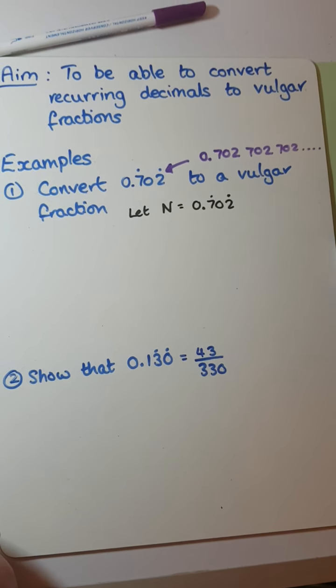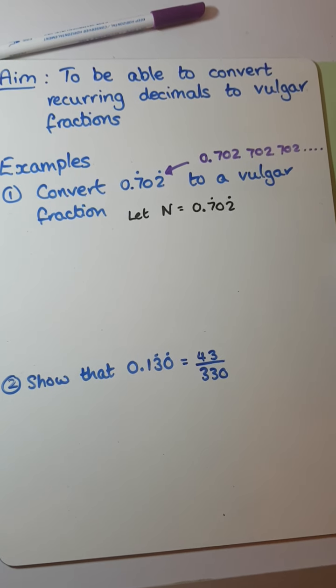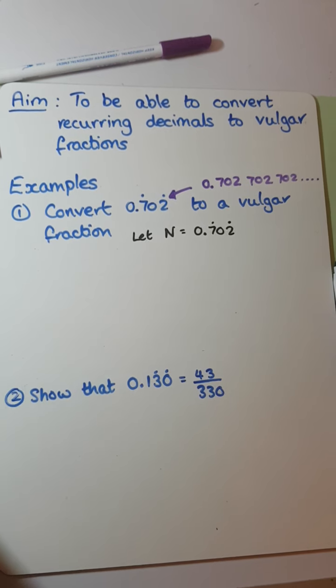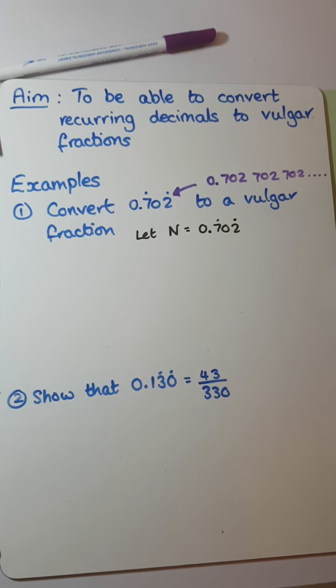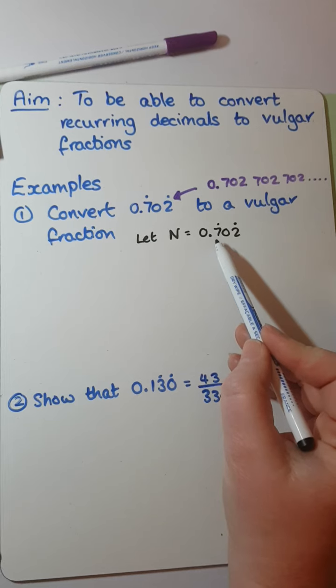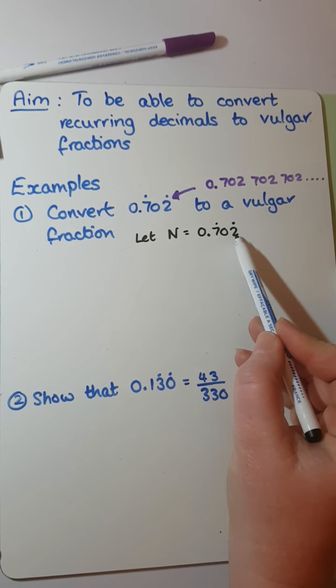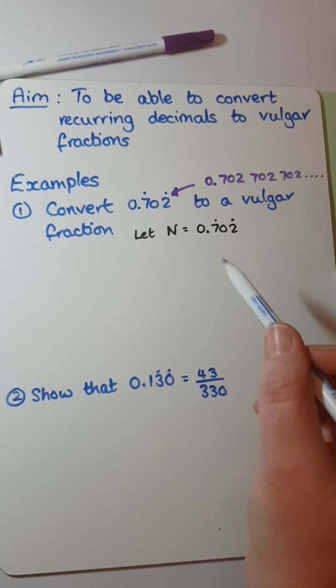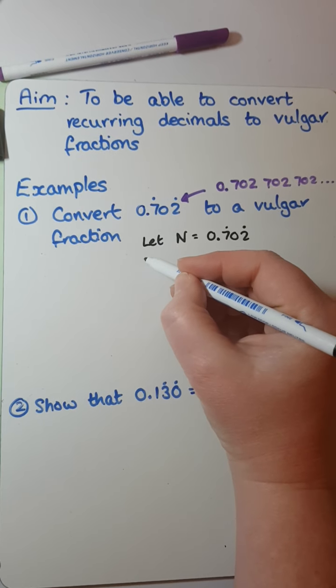It's the recurring part I want rid of. I'm looking to always eliminate the recurring part of that fraction. There are 3 digits in the string, and the string comes directly after the decimal point.